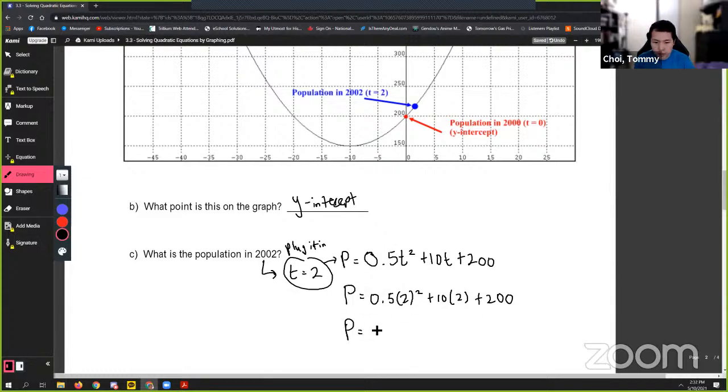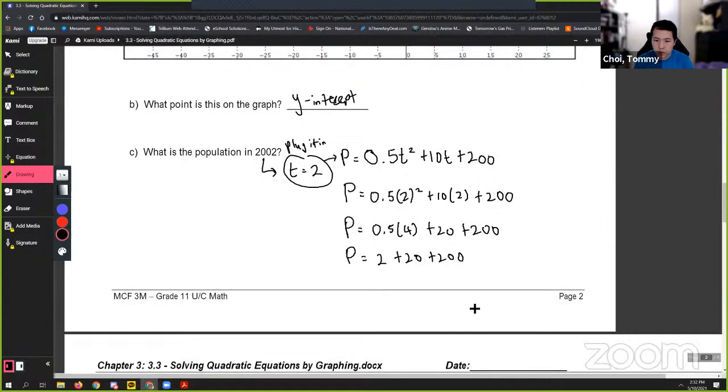And so what does that give us? That gives us 0.5 times 4 plus 20 plus 200. And P is equal to 2 plus 20 plus 200, which gives us a final answer of 222.